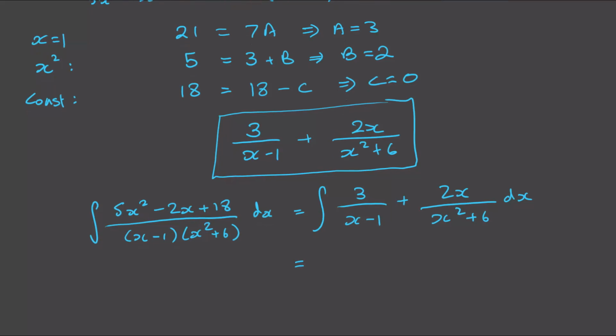That gives me 3 ln|x − 1|. And note here the top is the differential of the bottom. So we're going to get ln(x² + 6). x² + 6 can't be 0 or negative, so you don't really need the modulus, but I'll use it anyway, and plus a constant.